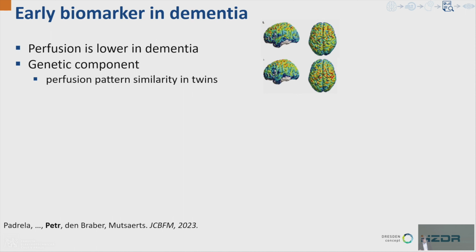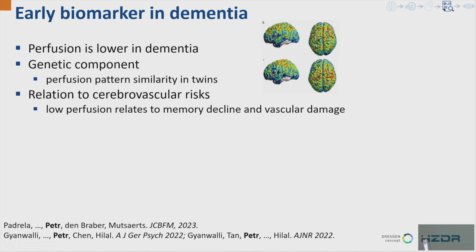We were able to show that the perfusion patterns in the brain are related to the genetics, so more similar between twins than in random people. We were also able to show that perfusion is related to memory decline. Lower perfusion leads to memory decline, also later to vascular damage, and so that early perfusion might really cause later developing dementia.